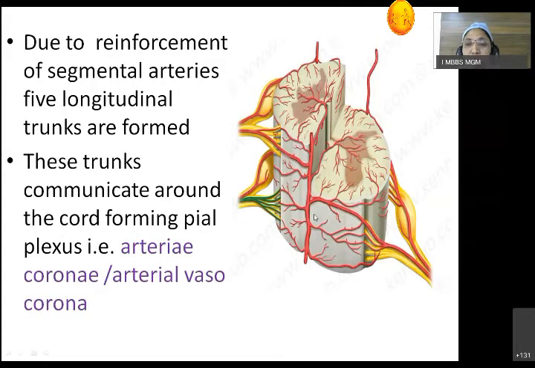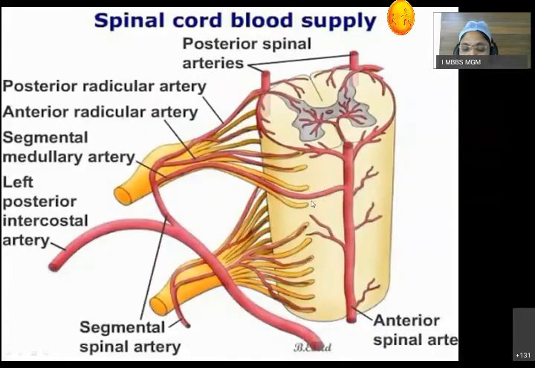So the 5 longitudinal trunks present around the spinal cord communicate with each other with the help of another set of arteries known as arteria corni or arteria vasocorona, and they form the pial plexus. Here you can see they are forming the pial plexus, and the branches of this pial plexus supply the superficial part of the spinal cord.